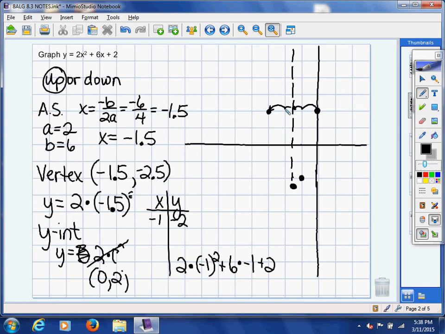So if my one point is 1.5 units away on the right, then my other point on the same level, same height on the y-axis, is also going to be the same distance away from that midline. Okay, and notice my -1, -2 point is only 1/2 a unit away from the midline. So go 1/2 a unit to the other side and mark it.